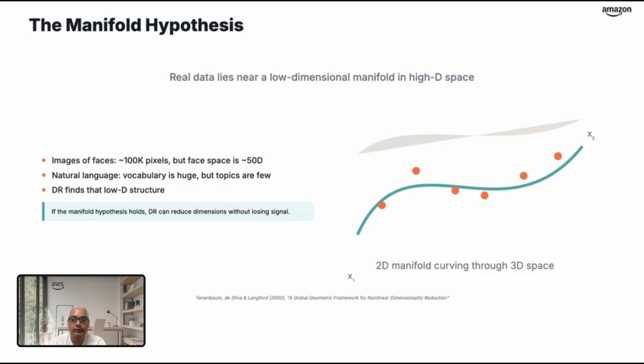What we lose is only the noise in the directions that are orthogonal to the manifold. So this is the theoretical foundation that justifies everything we are studying today in modern machine learning. The curse of dimensionality tells us that the ambient space is too large, and the manifold hypothesis tells us that the data does not actually need or reside in all those dimensions.